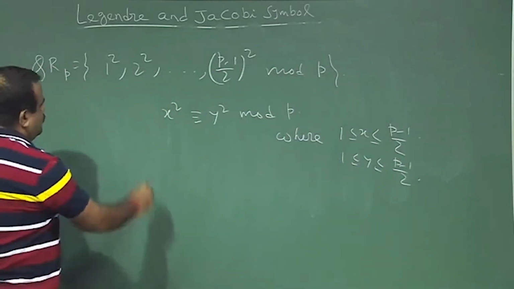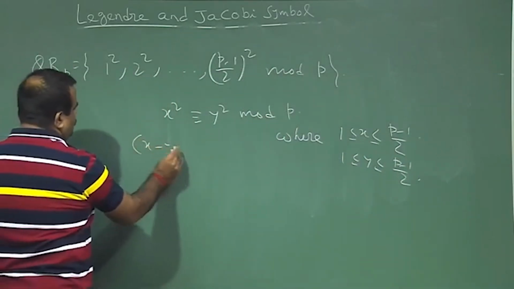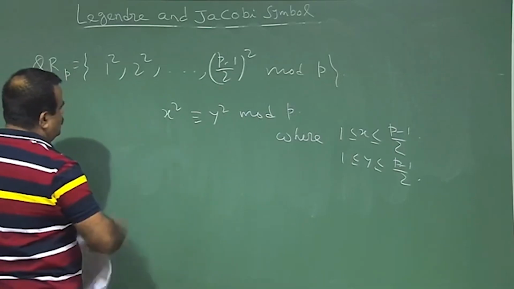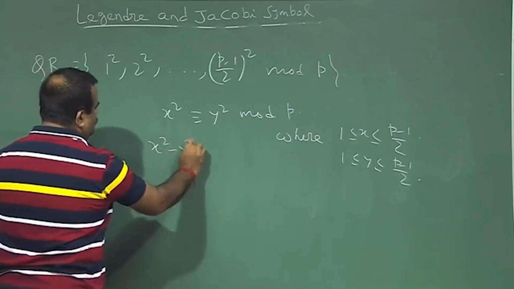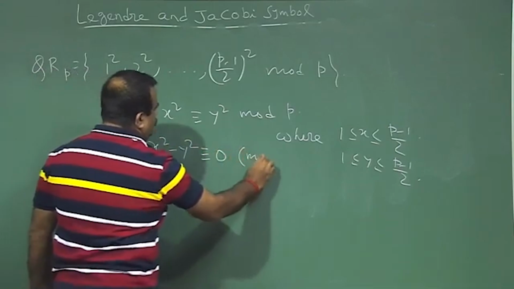Now from here we can say x square minus y square is congruent to 0 mod p.